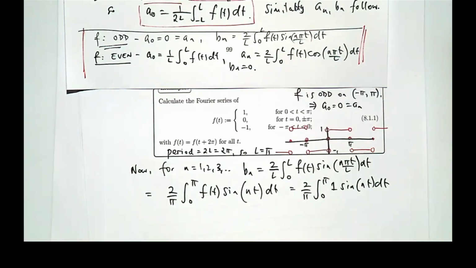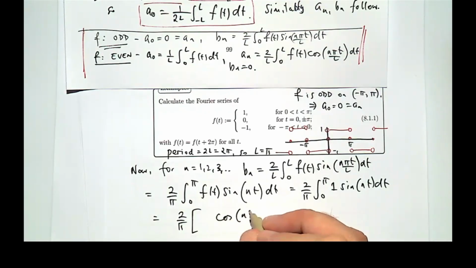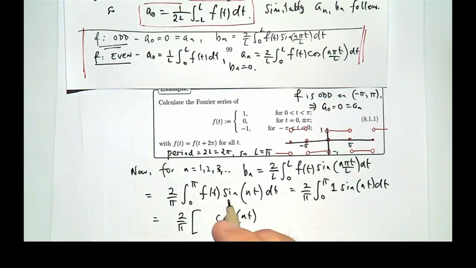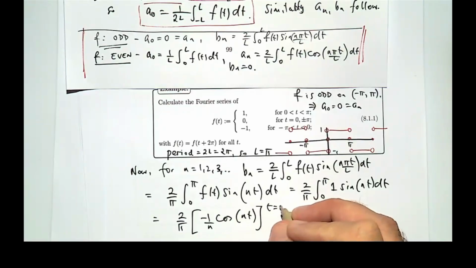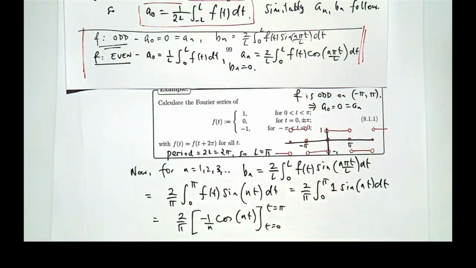So all I have to do now is integrate sine of nt with respect to t. And imagine n's a constant. So let's do that. Sine's going to become negative cosine. And I'm going to divide by n. Okay, it looks like I'm making progress. Let's put in t equals pi and t equals 0.